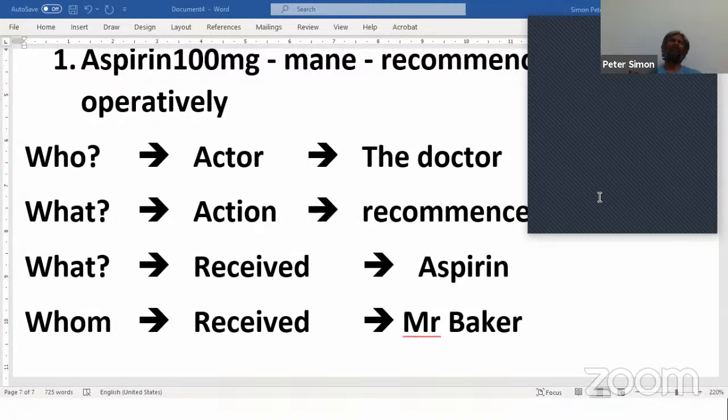Recommendation was given. Why? Another verb. So take it as it is. Okay. So start with the direct object. That is the best possible option. That becomes the main part of the sentence.